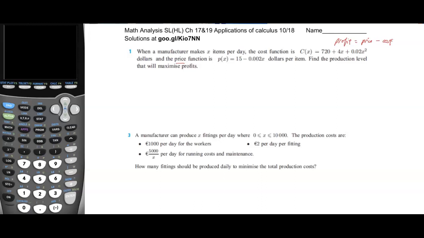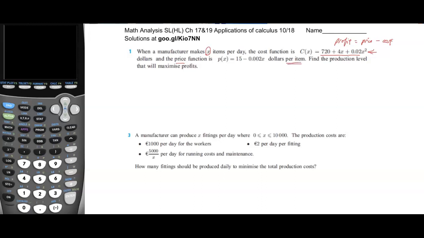So they make X items, and the cost, it's not really clear here. I think it is how much it costs to make a certain number of items. So it's not an individual cost for one item, it's for all the items. The price function is per item.